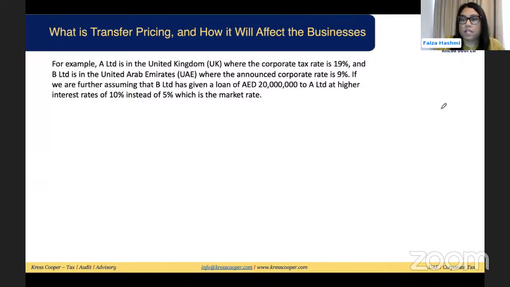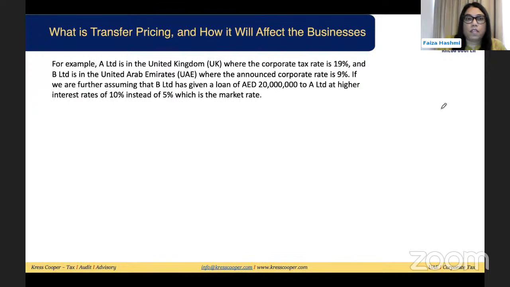Because there are a lot of companies that are doing transactions with their related parties, so you need to have those transactions monitored to ensure that there is no profit shifting from high jurisdiction to low jurisdiction. These transfer pricing rules have come out and are in place for these kinds of transactions which are being done with any of your related parties or with connected persons.